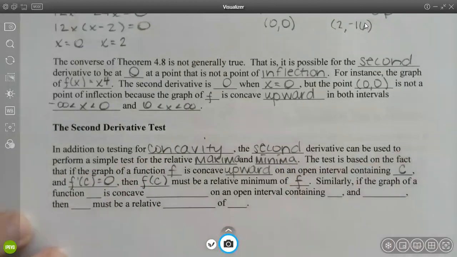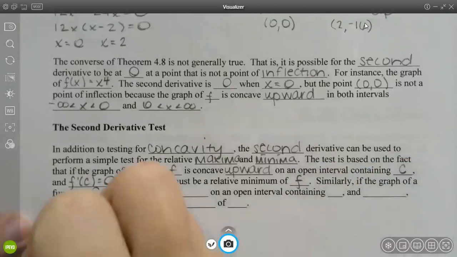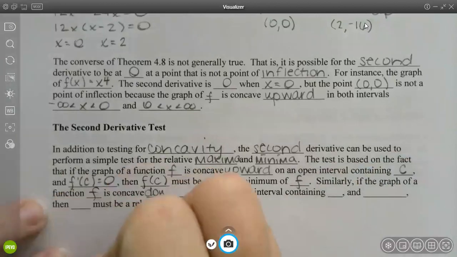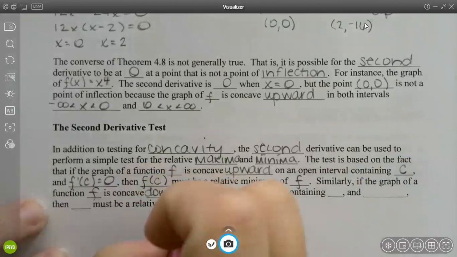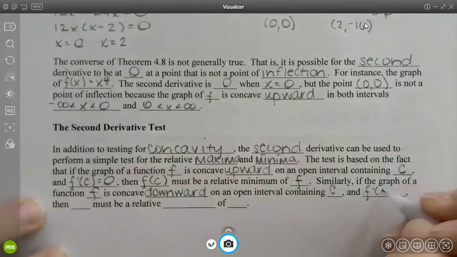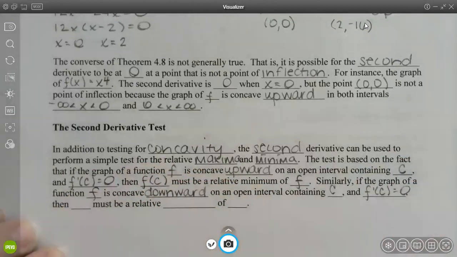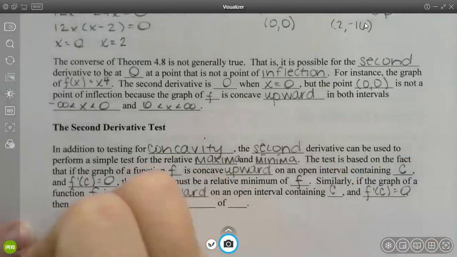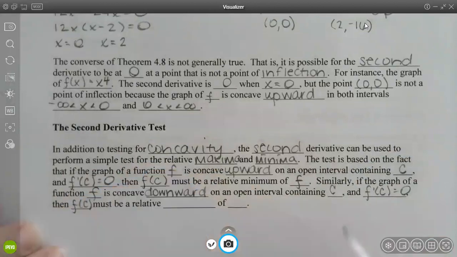Similarly, if the graph of the function f is concave downward on an open interval containing c, and f prime of c equals 0, then f of c must be a relative max of f.